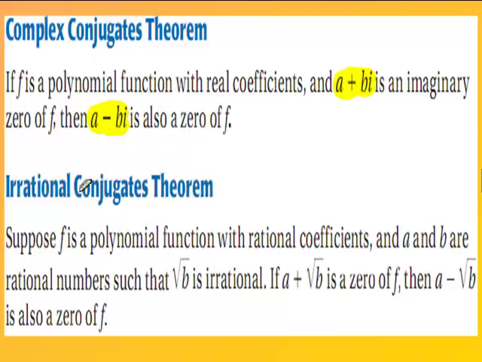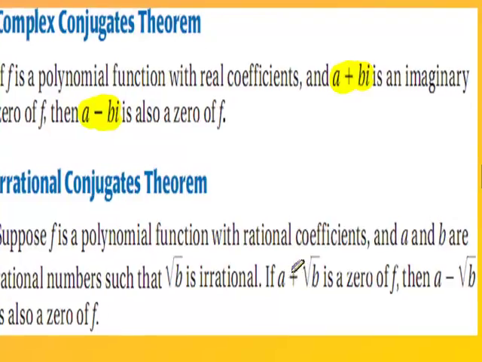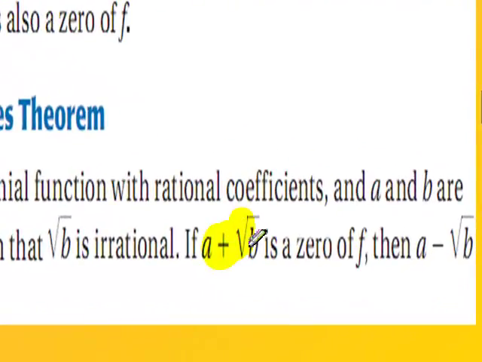And the irrational conjugates theorem states the same thing, except it's for irrational numbers. So if I have a plus the square root of b as a solution, a minus the square root of b must be a solution as well. So we want to be aware that this applies both to complex numbers as well as irrationals.